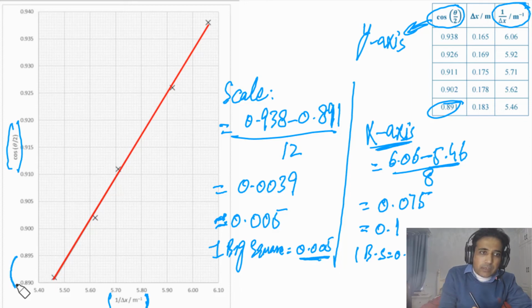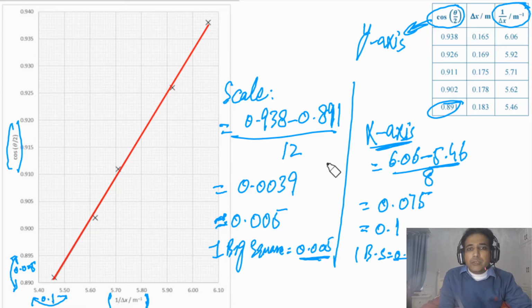You can see the difference between these two. On the x-axis we have 0.1, 5.40, 5.50. So this big square is equal to 0.1.